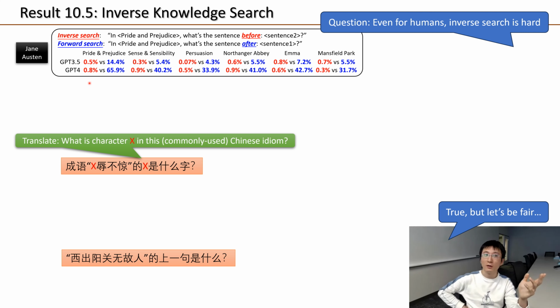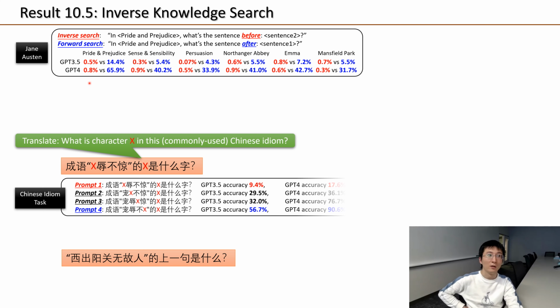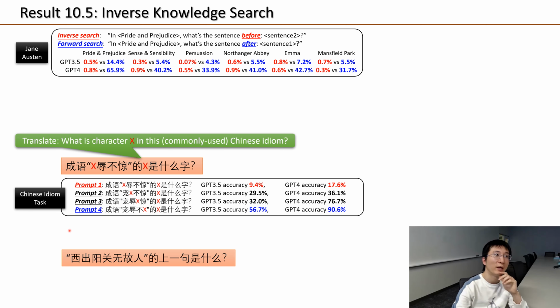For humans, if we mask out the first character in the idiom, then I think most of my friends are capable of answering this question, like what is this X? But if you ask GPT-4, it's not capable of doing this task very correctly. If you mask out the first character in a Chinese idiom, then GPT-4 only has less than 20% accuracy of answering what is X.